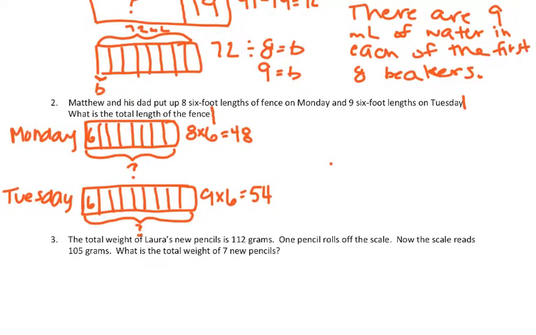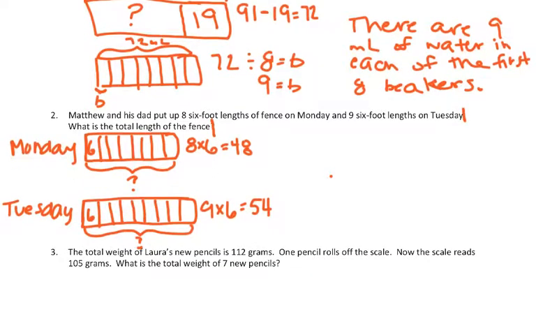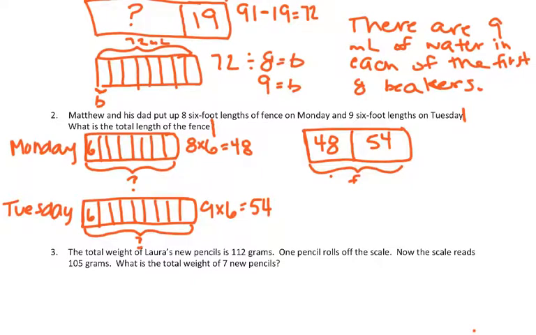Now, to figure out what the total length of the fence is for those 2 days, I have 48 and 54. And we're going to call that F for feet. So we can do F equals 48 plus 54.